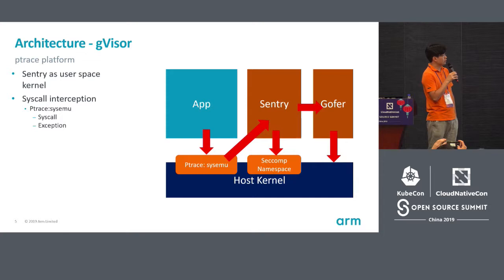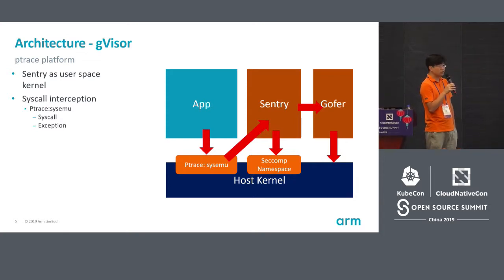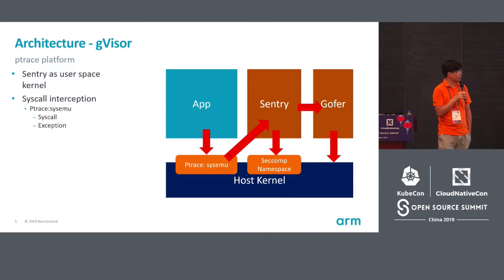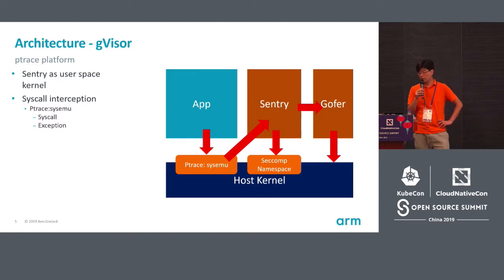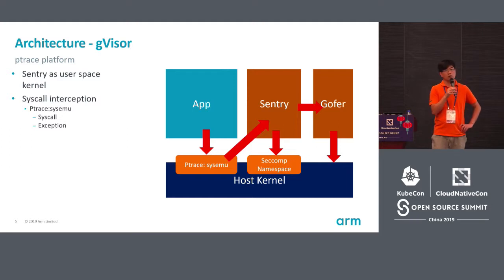This page is mainly about using sysemu to intercept syscalls, then stop the process and allow the context to be modified. The context here is about x0 to x31.